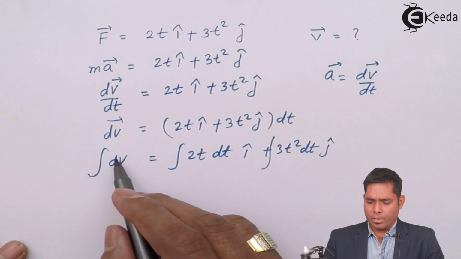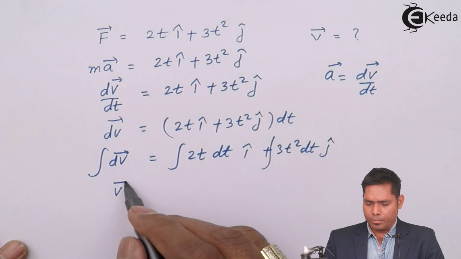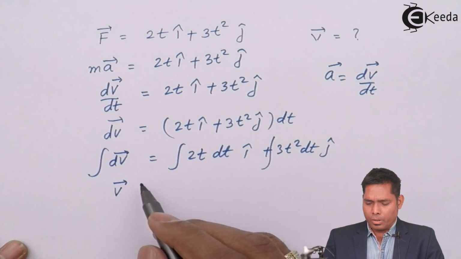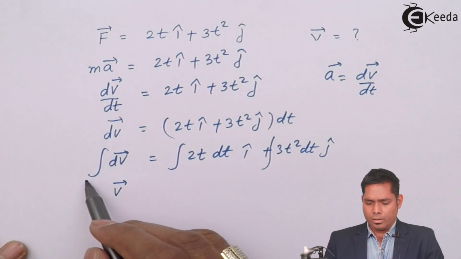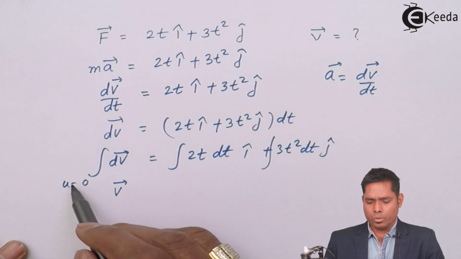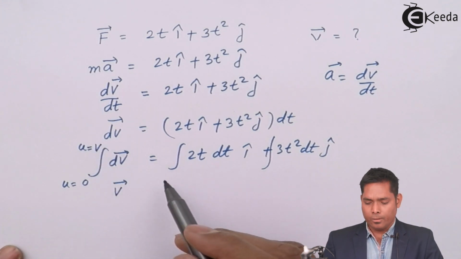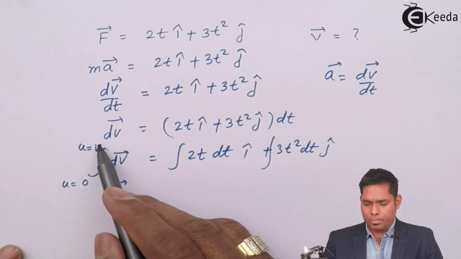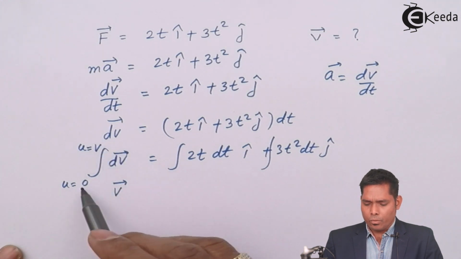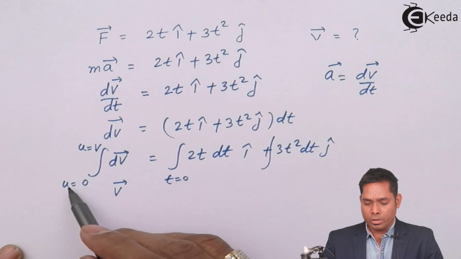From here I'll get the velocity vector v, because initially the velocity was 0, starting from 0, u equals 0 to some final velocity v. So this is the v corresponding to time t. When initially time was 0, velocity was 0.